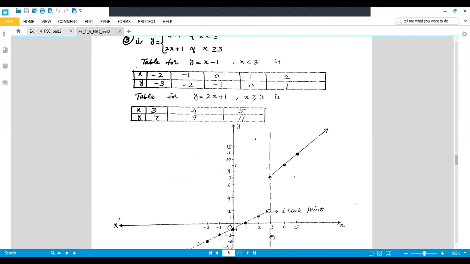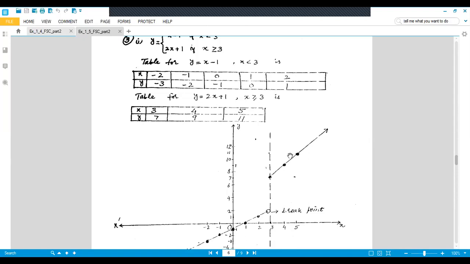For 3, there is a breakpoint. Why? Because 3 is not included. We have been given x is less than 3, so 3 is not included, so this is a breakpoint. And for the next table, for 3, plus 7 in front of 7. For 4, in front of 9.